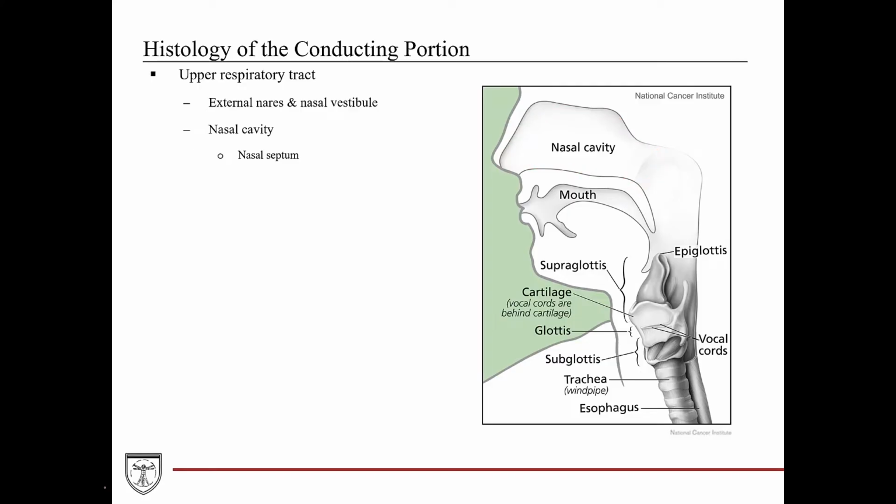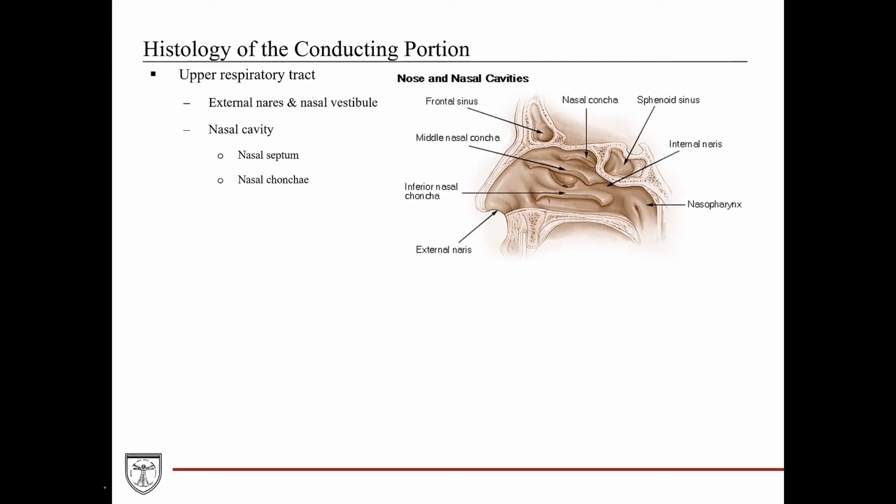And when we remove that nasal septum, there are these shelf-like structures on the lateral walls of the nasal cavities on both right and left sides that are called the nasal conchae. And these lateral shelvings or extensions come out towards the midline of the nasal cavity. Again, the nasal conchae have a bony core for structural support, but on the exterior, they're all covered by the mucosa.